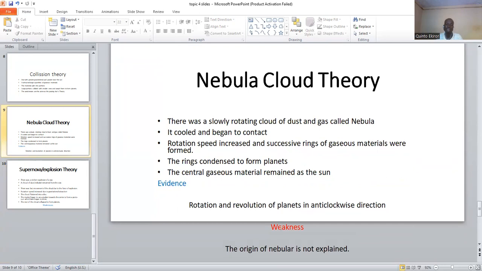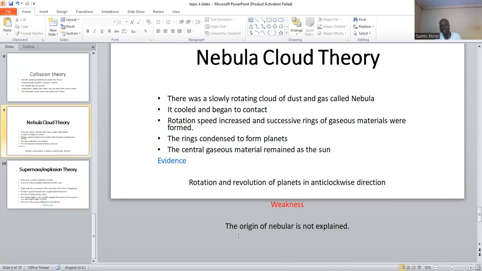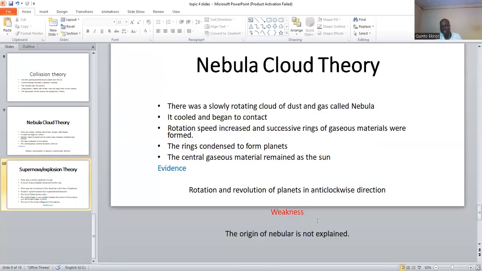In nebula cloud theory, the origin of nebula is not explained. This is the weakness of this theory. Let's now proceed to the fourth theory.